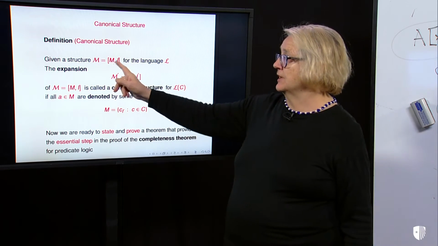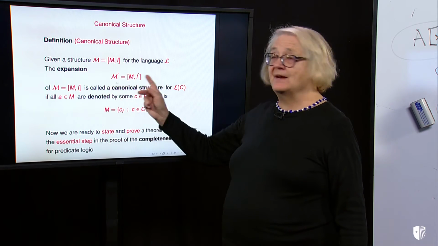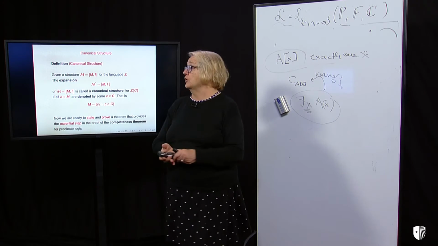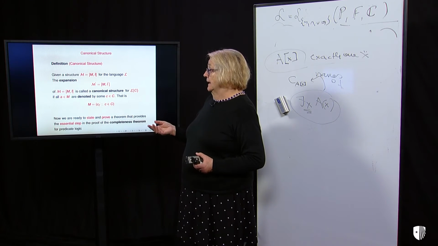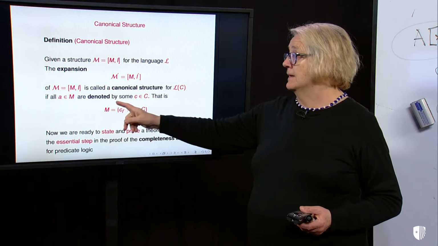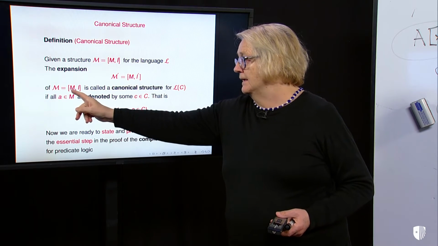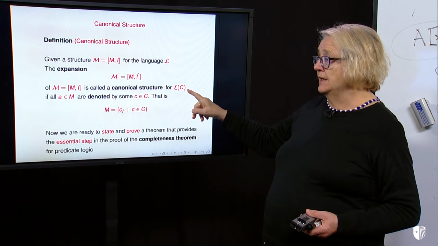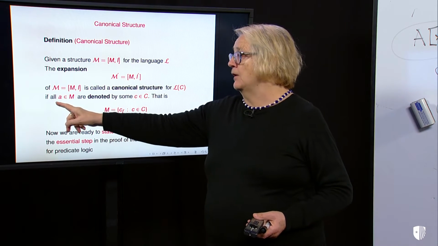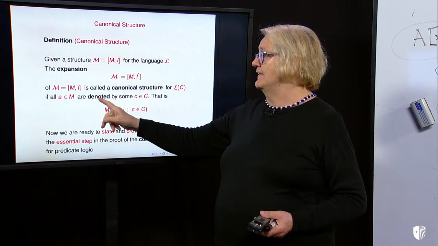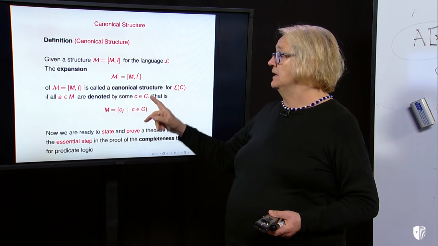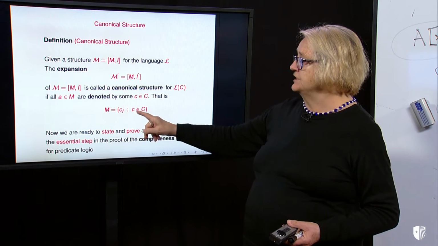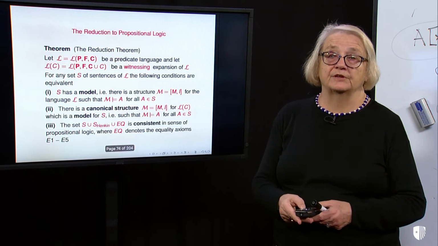So given a structure M for the language, and an expansion to the larger language, adding all those constants, M is called a canonical structure for the expanded language if all a in M are denoted by some c in the new constants.